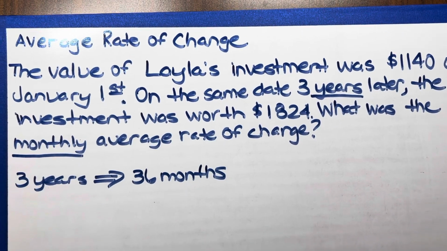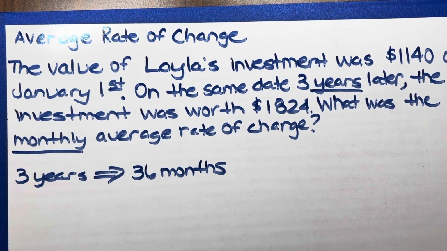The next thing I need to do is to find an average rate of change. I'm really finding the slope of a line that is the average between the start point and the end point. So I need to set up what my 2 points are going to be. The first thing is I'm starting at a certain time, which is January 1st.